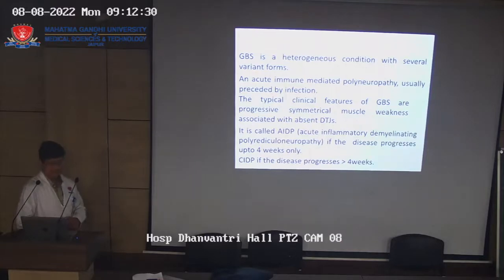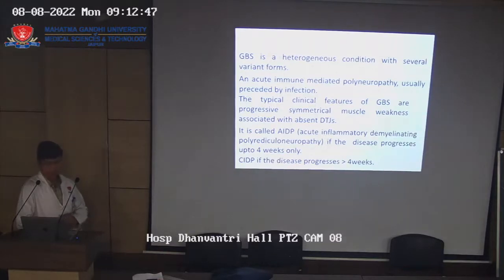There are certain variants of GBS in which you will get sensory involvement apart from the motor involvement, but in the classical form GBS is a pure motor involvement. The patient has progressive symmetrical weakness and absent deep tendon reflexes, and there is no bladder and bowel involvement.